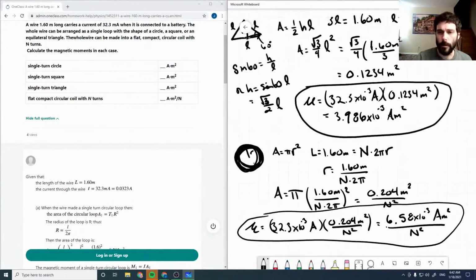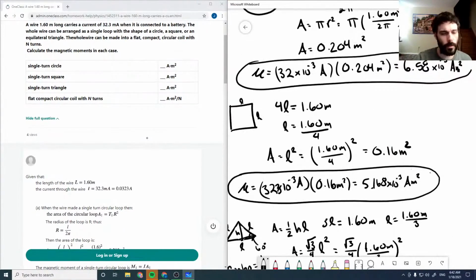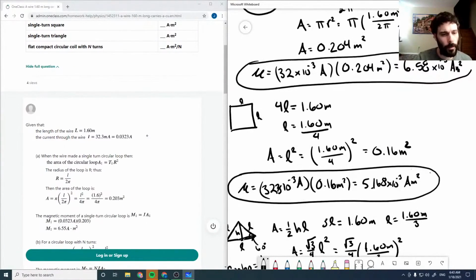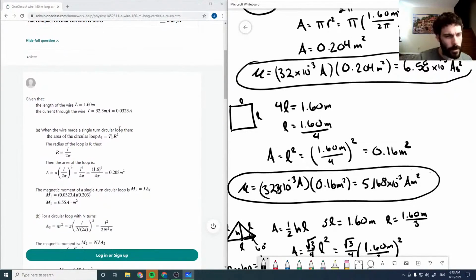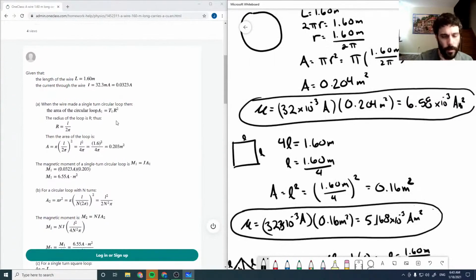All right, so then if we scroll up here and just check the solution with what was given. All right, so when the wire is a circular loop, we get an area of 0.203, 204, so that's just rounding differences.